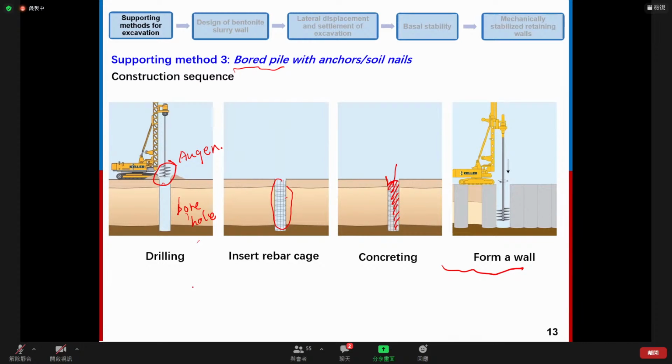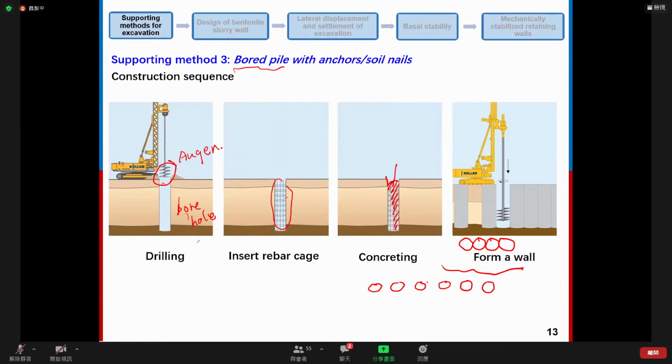So for the bored pile, we can have different cross sections. For example, this one, we can consider it as a tangent bored pile wall, which means each pile is tangent to each other. But of course, you can also have a certain small spacing between each pile.